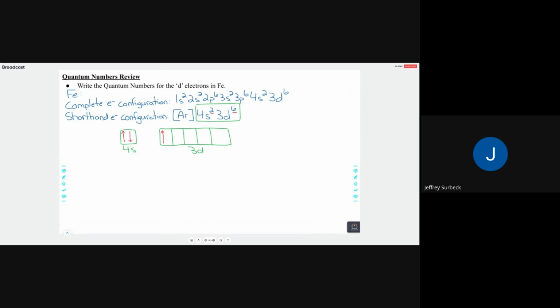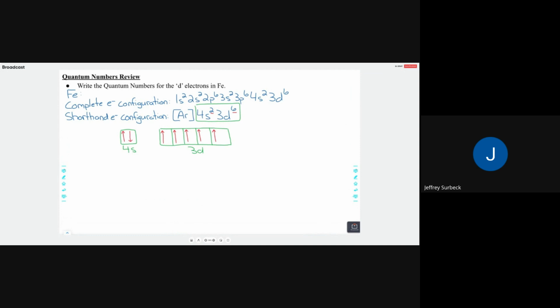Hund's rule says each orbital must have 1 electron before you go back and add doubles. So we would add our second electron with the same spin, an up arrow, in that second orbital. The third electron goes right there in the middle with an up arrow again, then our fourth electron, and our fifth electron. All of these are up arrows, with 1 electron per orbital.